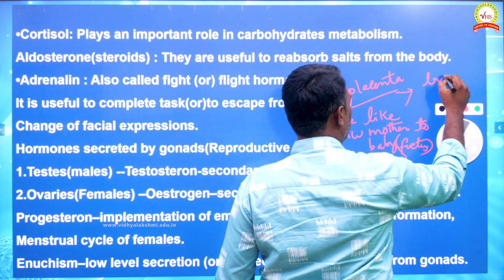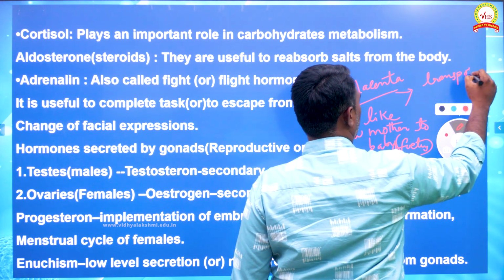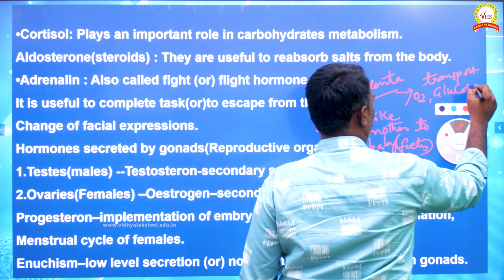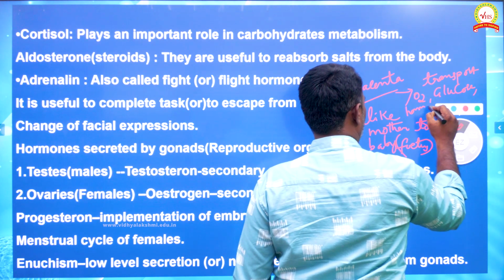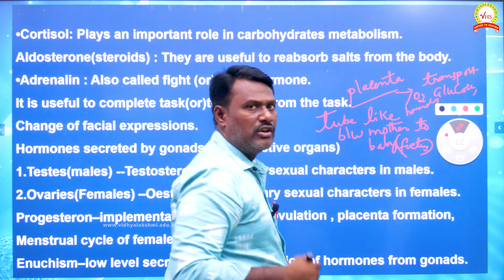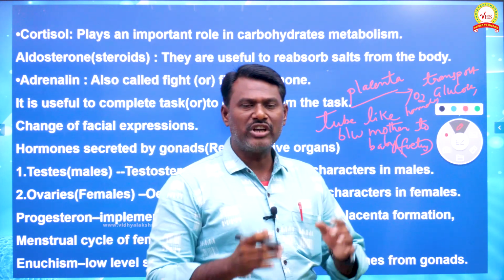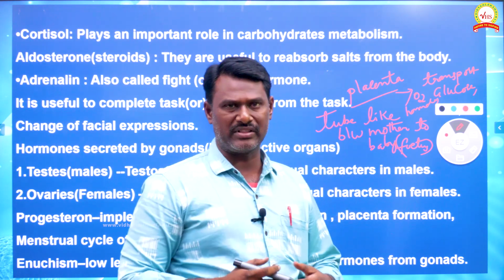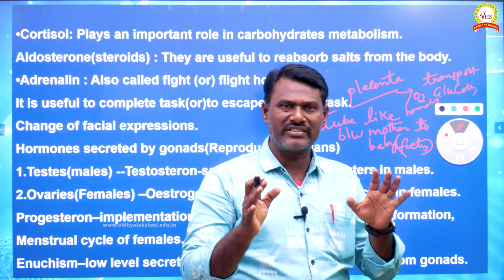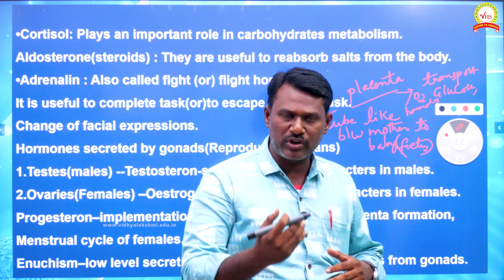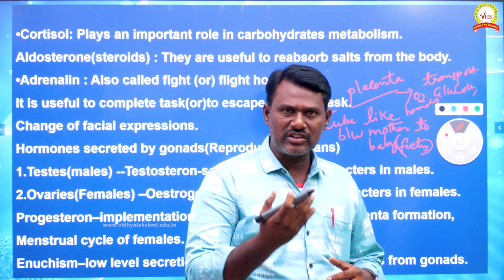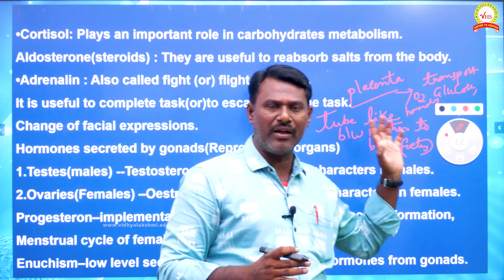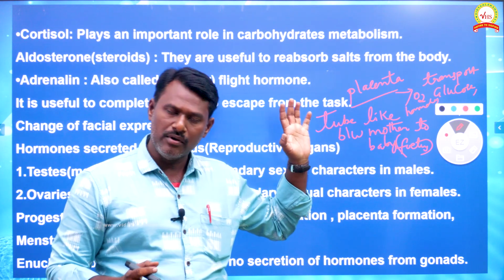oxygen, glucose, hormones. All these substances essentially required for the fetus are transported through the placenta from mother. Placenta is useful for the transportation of oxygen, glucose, and hormones from mother to baby or from mother to fetus.